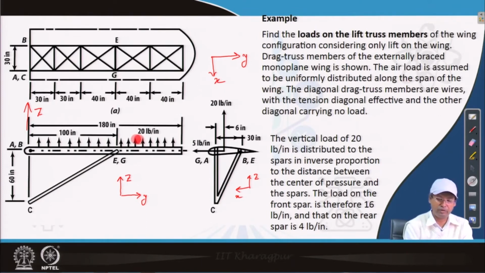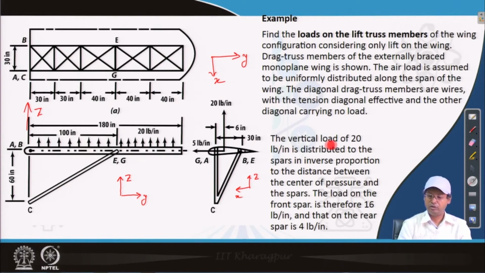The air load is uniformly distributed, and as mentioned, it is 20 pound per inch along the length. The diagonal drag truss members are wires, with the tension diagonal effective and the other diagonal carrying no load. So, only one is under tension, whereas the other is not having any tension.